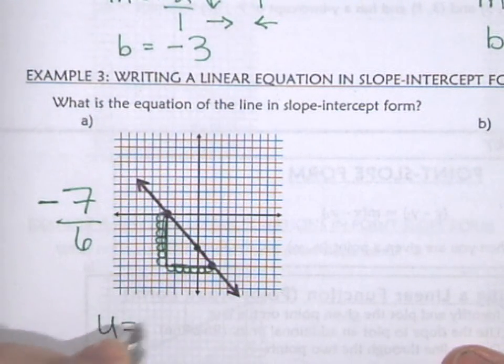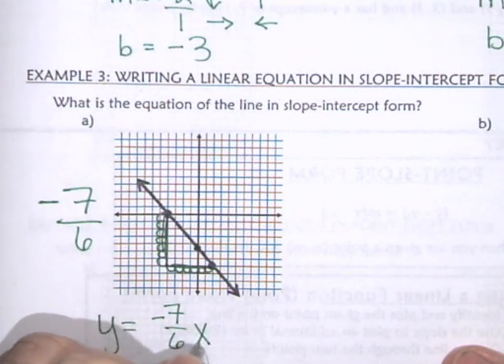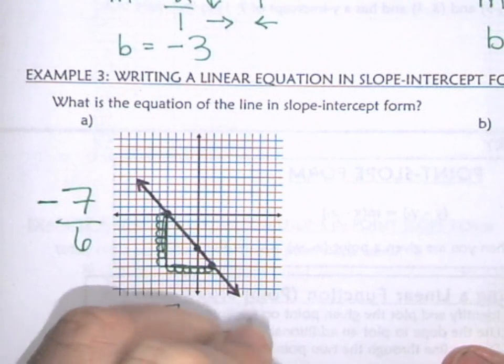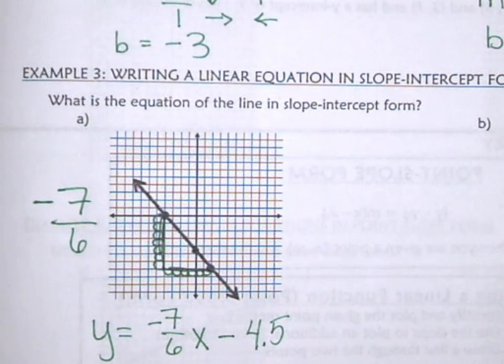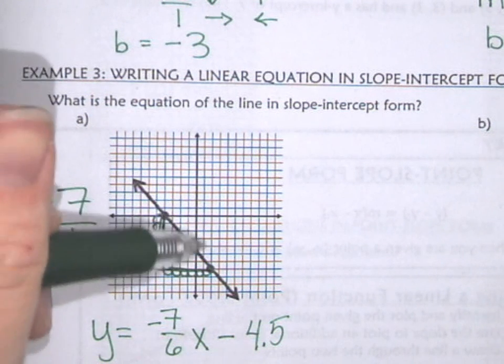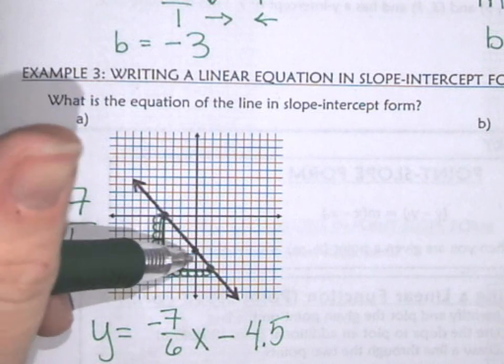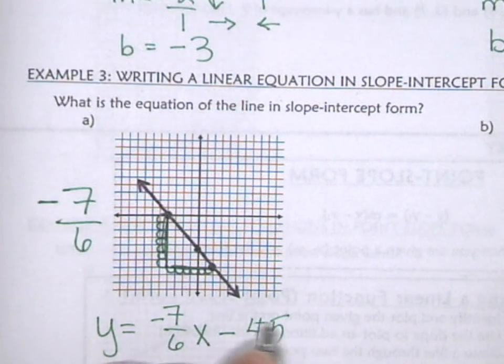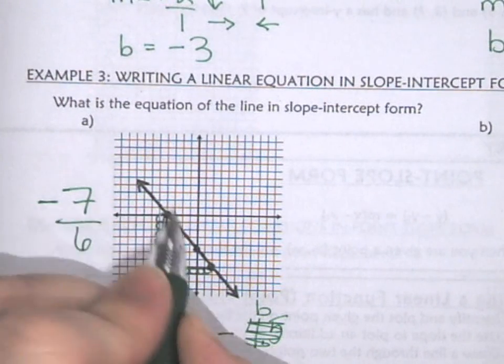So y equals negative 7/6 x minus... and I can check this value because it's not an integer. Instead, what I can do is I can solve using this ordered pair.